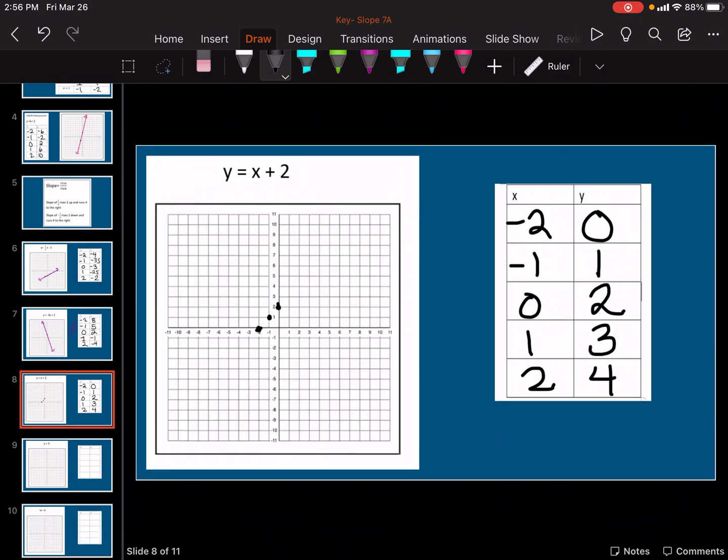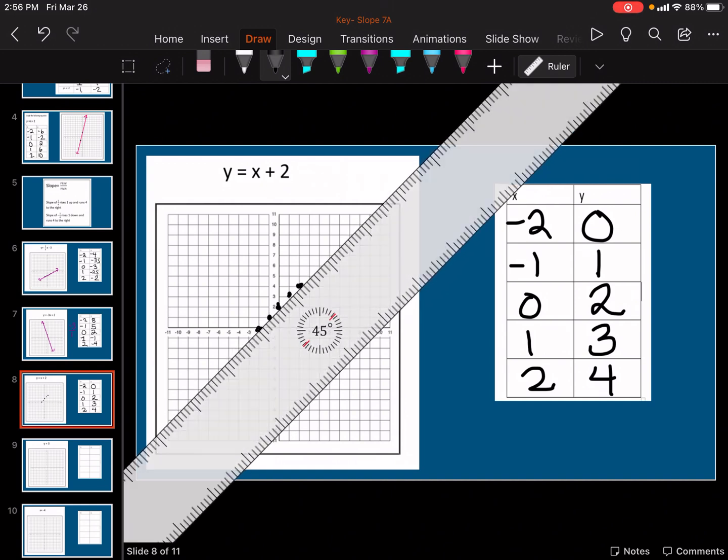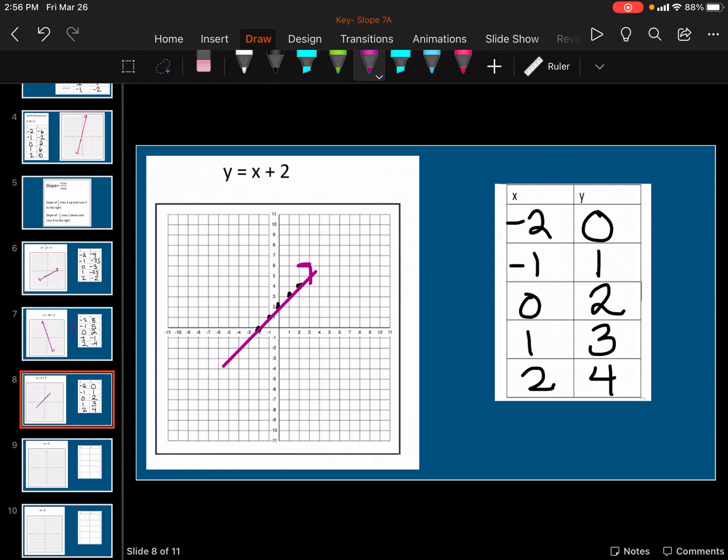So it is not direct variation. It's not going to go through 0, 0. Okay, that's what your graph would look like.